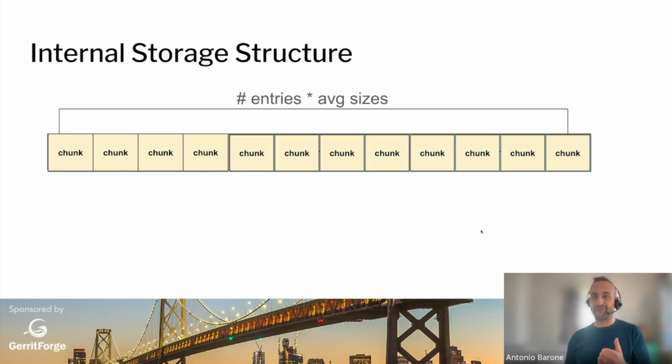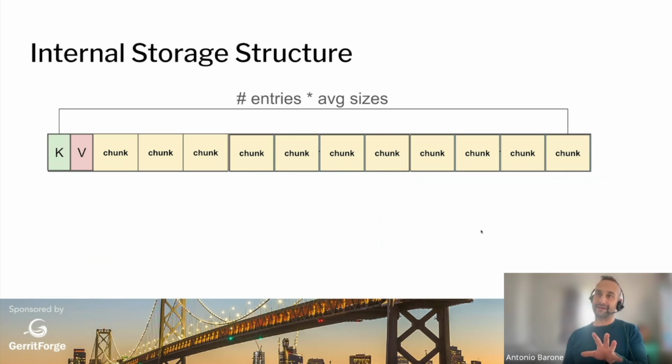And when a new entry is put into the map, Chronicle Map will find a free run of one or more chunks that are sufficient for the entry data to be stored. Then it will mark these chunks as used, and it will keep an internal bitmap that helps distinguish free chunks from utilized chunks very, very quickly.